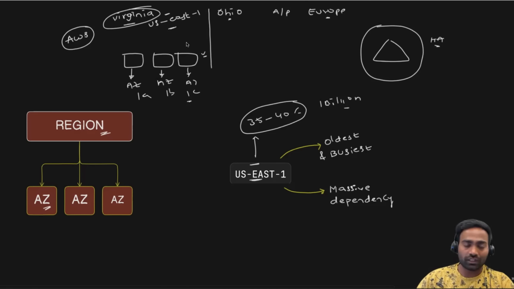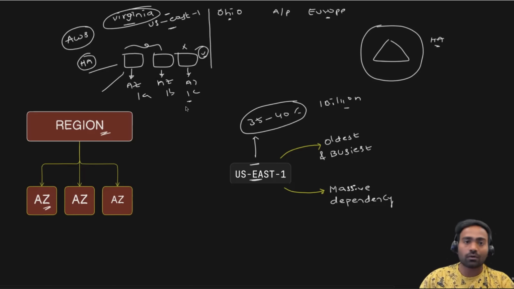So even in case of some natural calamity in one area of Virginia, one of the availability zones might go down. Still, they have two availability zones, which are good to serve customers within Virginia. And even with two data centers, they can set up proper high availability for their services.